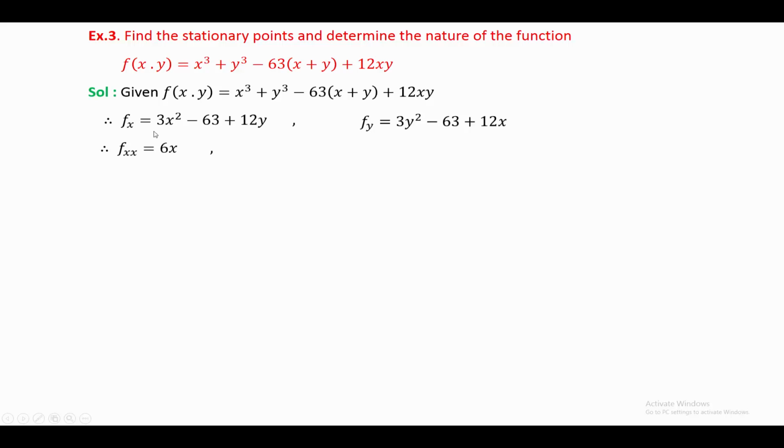F double x, partial derivative of fx with respect to x is 6x, derivative of 63 is 0, derivative of 12y is 0. F of xy, partial derivative of fy with respect to x: derivative of 3y square 0, derivative of 63 0, plus 12.